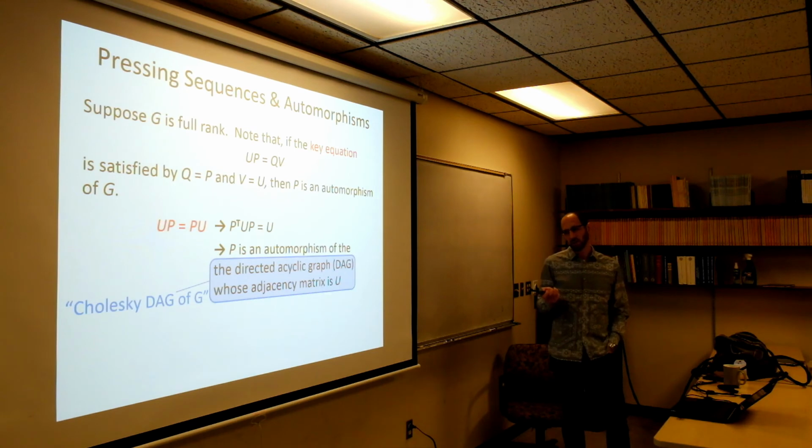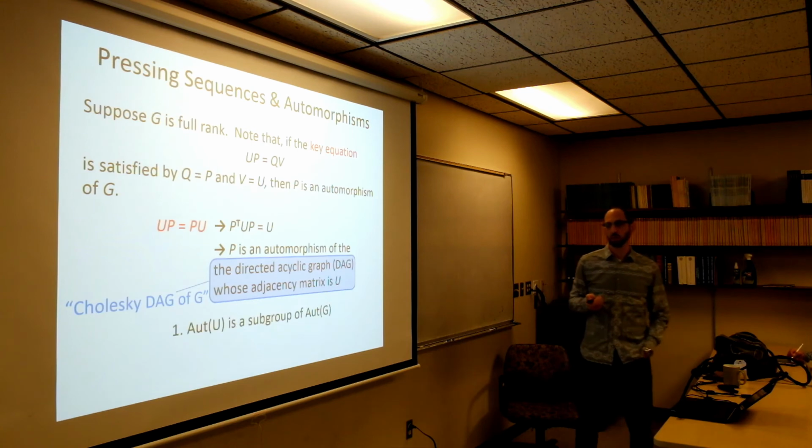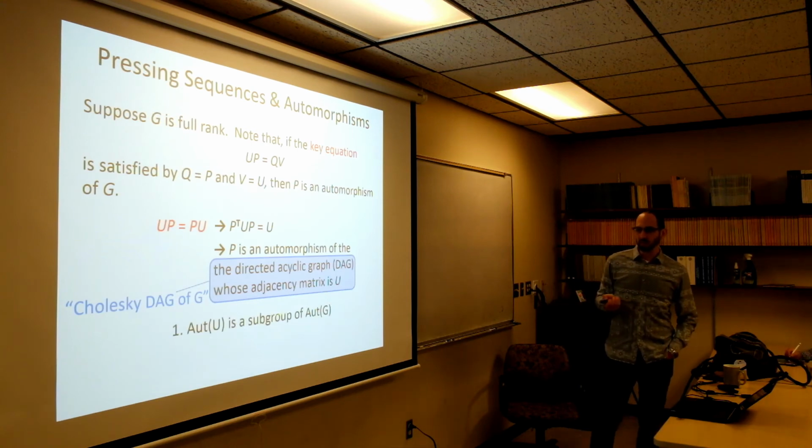Now remember, G has an ordering assigned to it. So U comes from that ordering. And so there are maybe multiple Cholesky dags for a graph. In fact, usually there are. Something also to note: there's a group of automorphisms, of course, of the dag. Well, it's a subgroup, by the calculations you just saw.